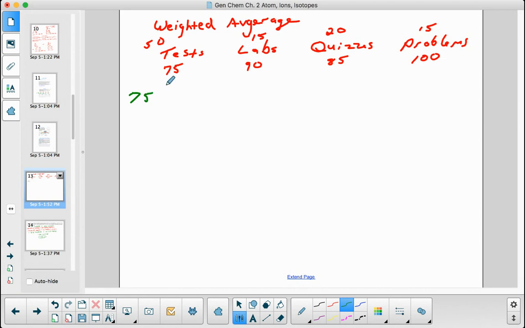Well, I would take 75 and multiply by the relative weight, which I would call 0.5 for tests. So I make my relative abundance, is the word we could use, my relative occurrence of this, out of 1 rather than 100%. Then let's say the lab average for the student is a 90, and labs would count, let's say, 15%. This is just hypothetical. This is similar to mine, but not exact.